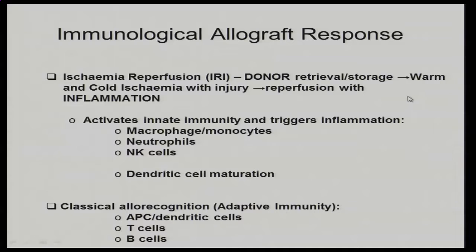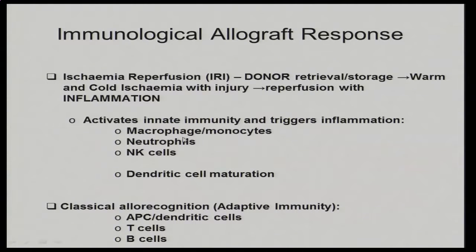I'm not going to go into how each contributes, but that certainly leads to ischemic injury of the organ. When you reperfuse the organ, the ischemia sets up and primes the organ, causing the injury. The reperfusion then causes the inflammation, the so-called ischemia reperfusion injury.